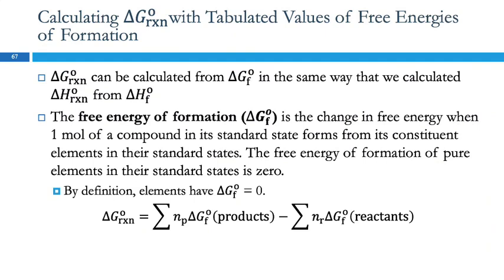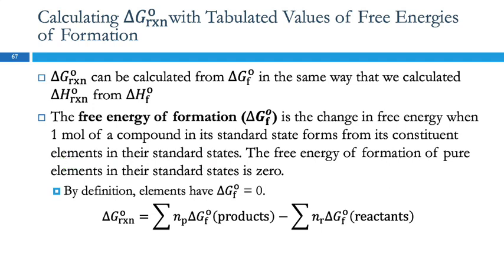So calculating delta G using tabulated values of free energies of formation. Just like we calculated delta H from delta H f, we can do this with delta G. So the free energy of formation is the change in free energy when 1 mole of a compound in its standard state forms from its constituent elements in their standard states.